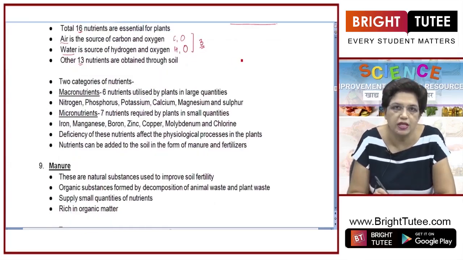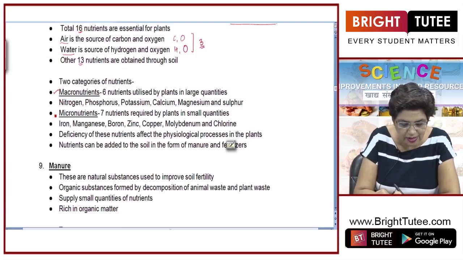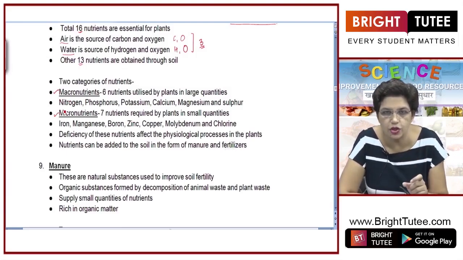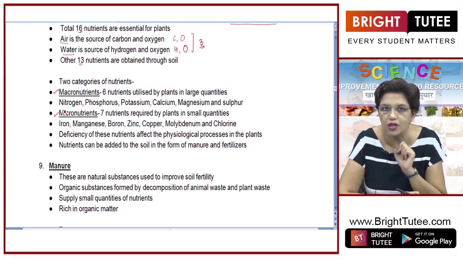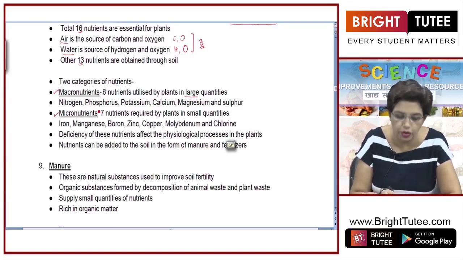Now these nutrients which the plants obtain from the soil can be divided into two categories: macronutrients and micronutrients. As the name suggests, macro means larger quantity, micro means smaller quantities. The 6 nutrients utilized by the plants in large quantities are called macronutrients.